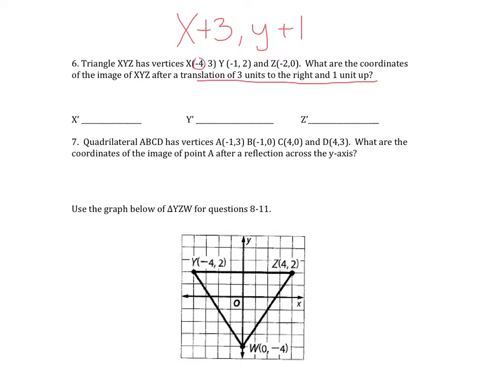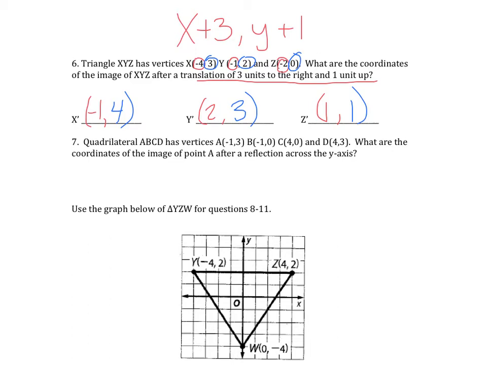So negative 4 plus 3 is negative 1. And then we do 3 plus 1 is 4. Then we're going to do the next one. Negative 1 plus 3 is 2. And 2 plus 1 is 3. Negative 2 plus 3 is 1. And then 0 plus 1 is 1. So those are our new coordinates.